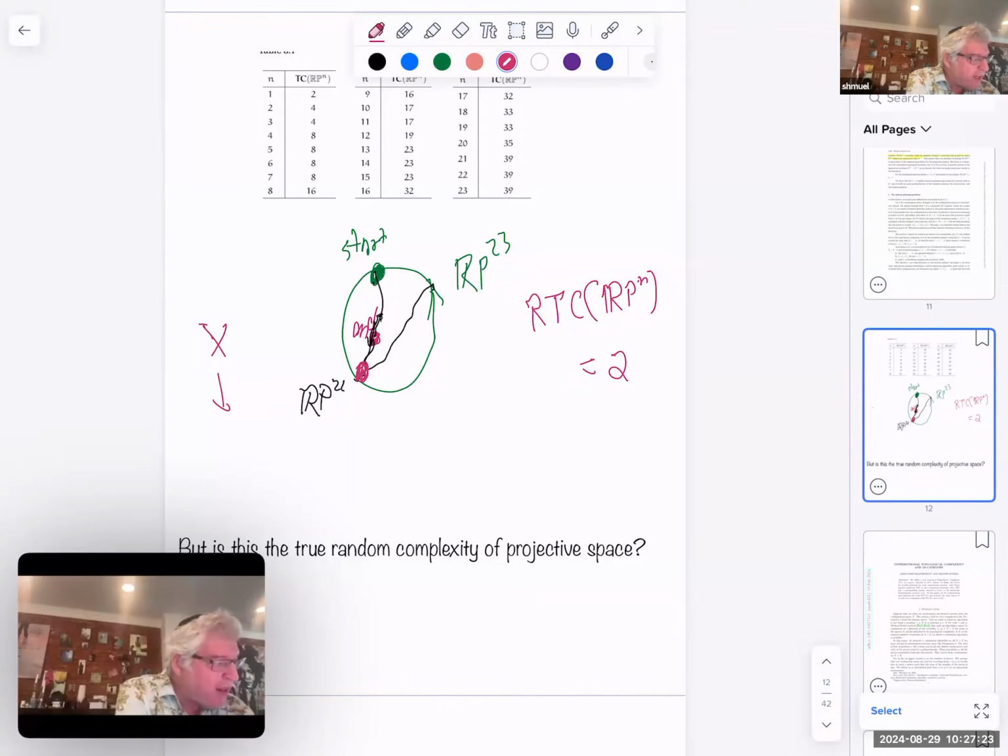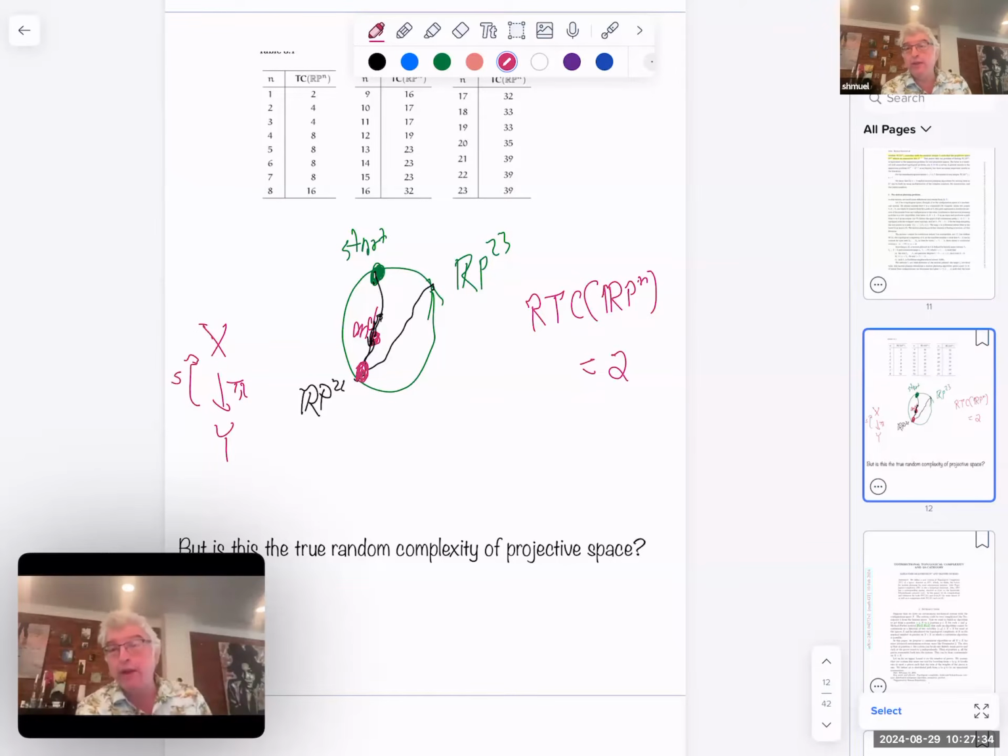So here I have x going down to y, and I just have a function, pi. Instead of having a section to x, which is difficult, suppose my section was going into the measures on pi inverse of the point little y.